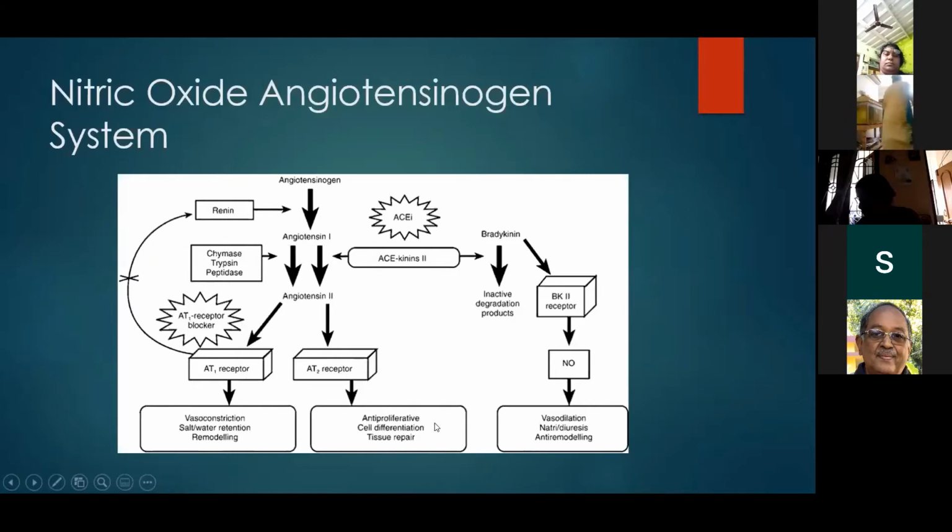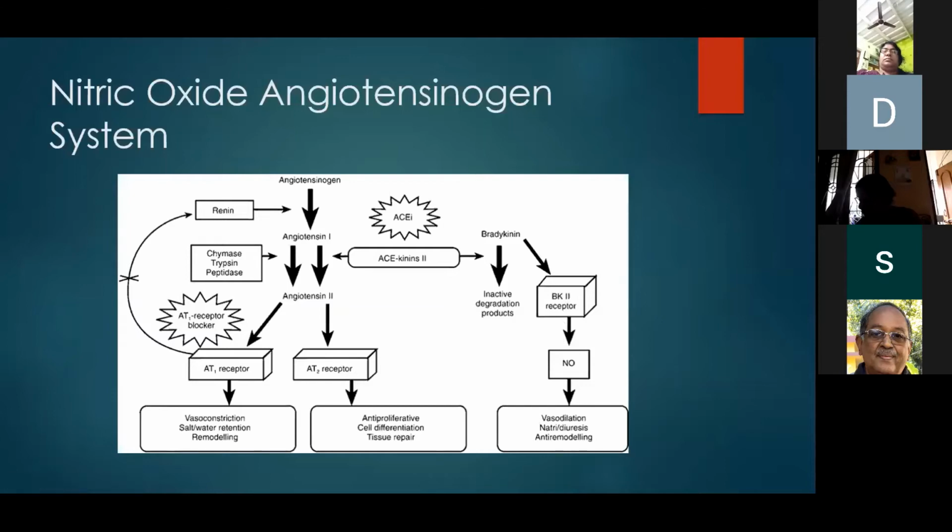Now, we should also never forget there is another pathway where the kinins, the angiotensin converting enzyme, also acts on bradykinin. And that degrades into an inactive degradation product, or it can act on the bradykinin 2 receptor, which releases nitric oxide, again a vasodilator.